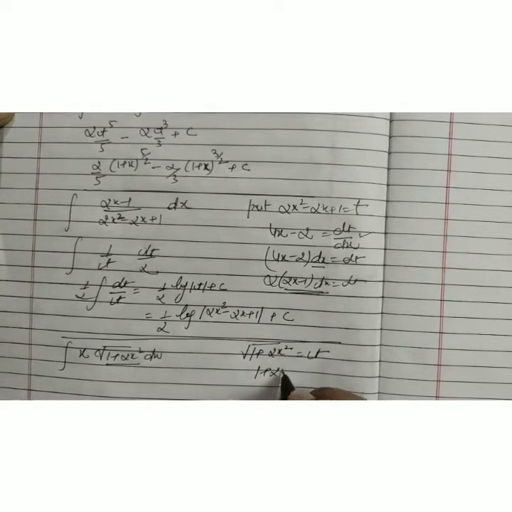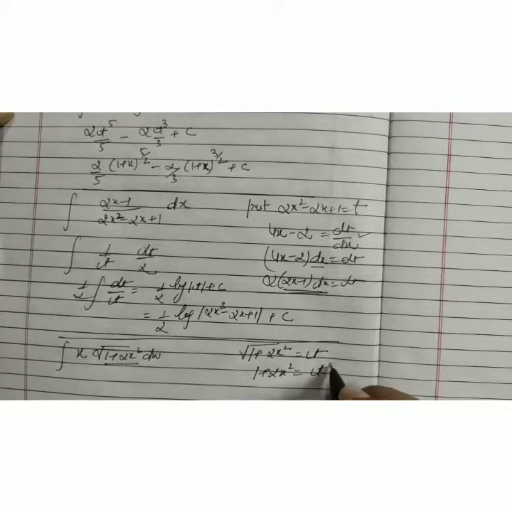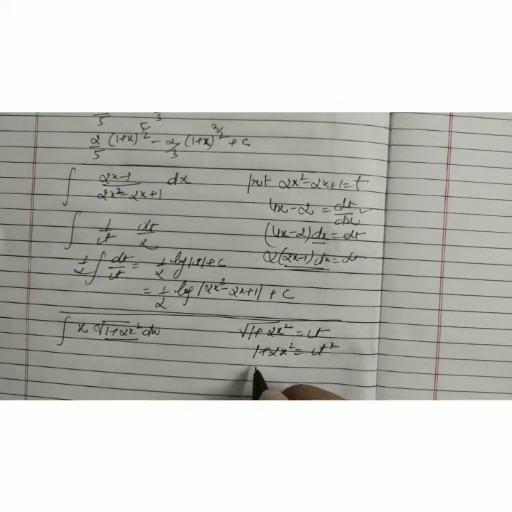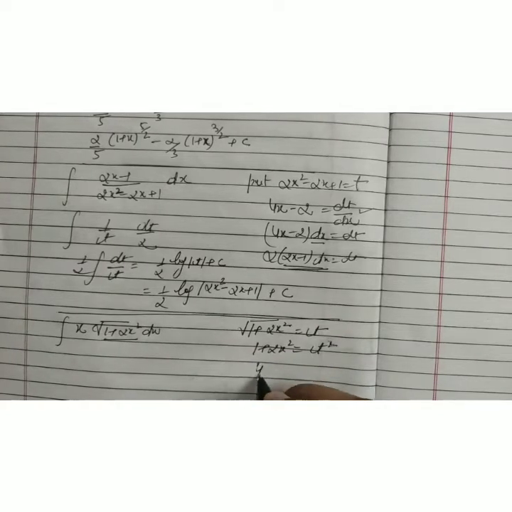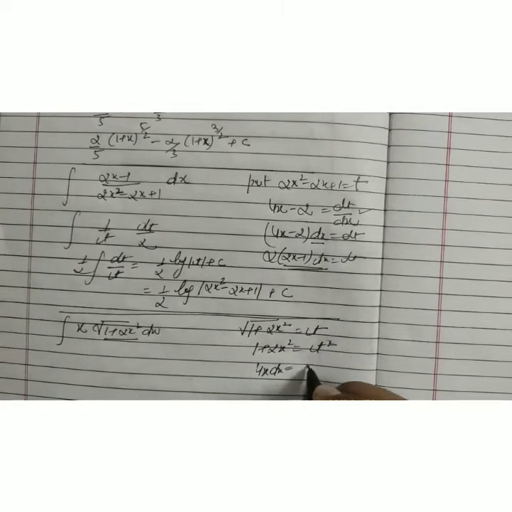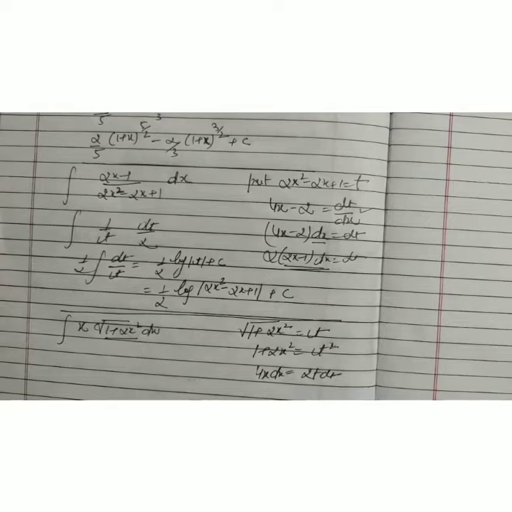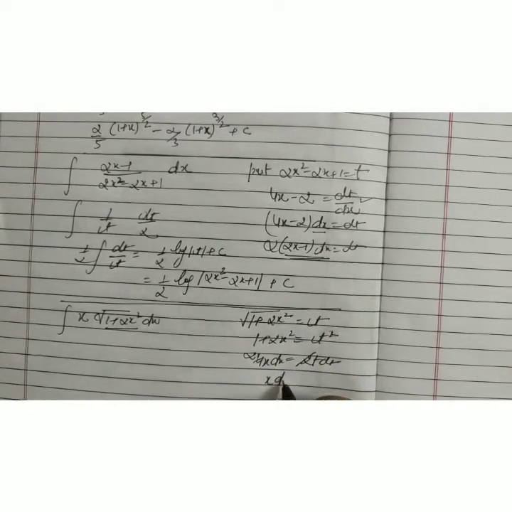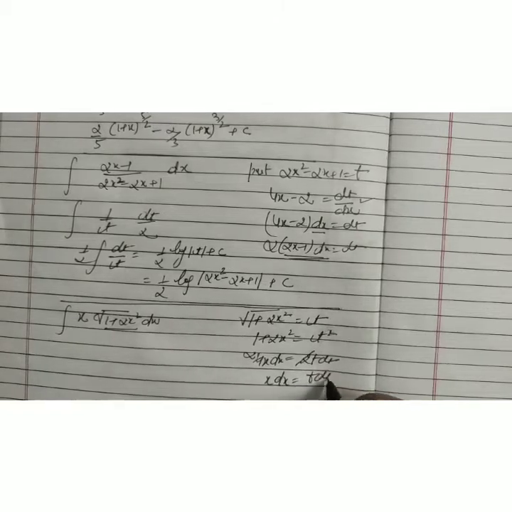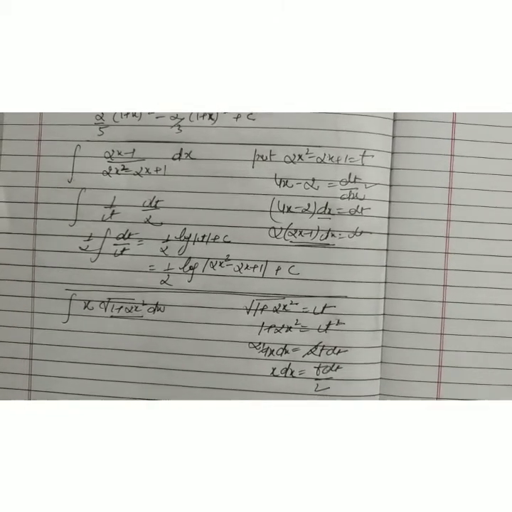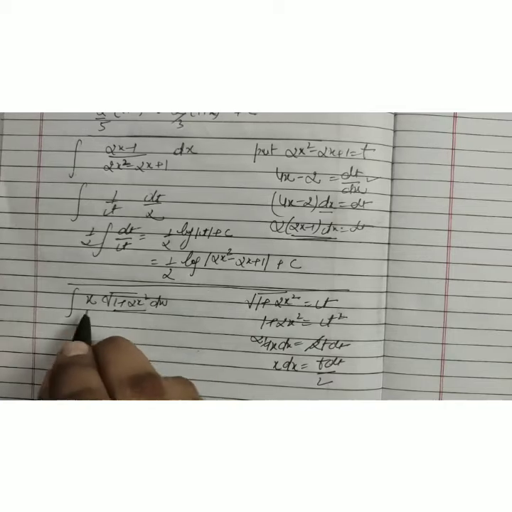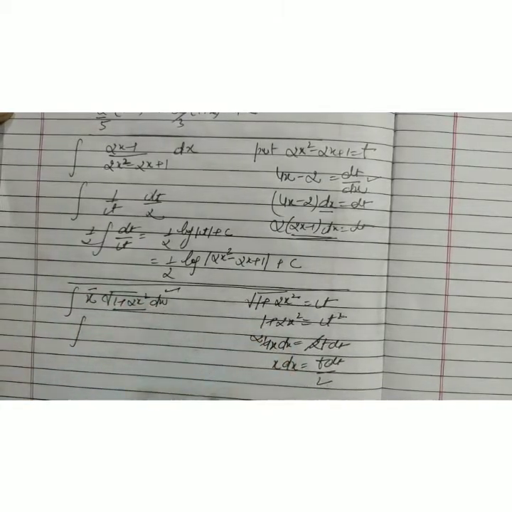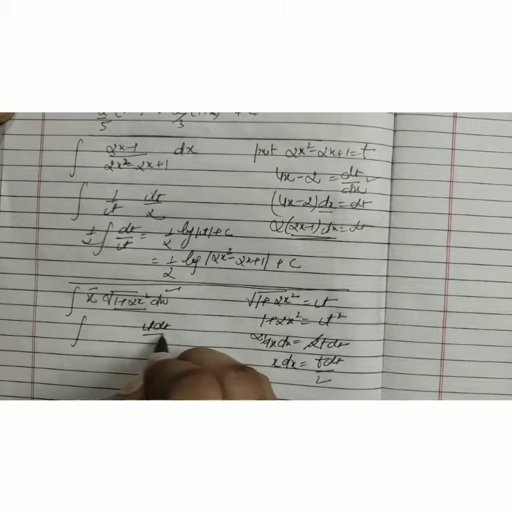If we take the square root on both sides, after squaring we get this one. Now when we take the derivative on both sides, derivative of 1 is 0, 2x square derivative becomes 4x dx, right side becomes 2t dt. 2 cancels out, value of x dx from here becomes t dt by 2.